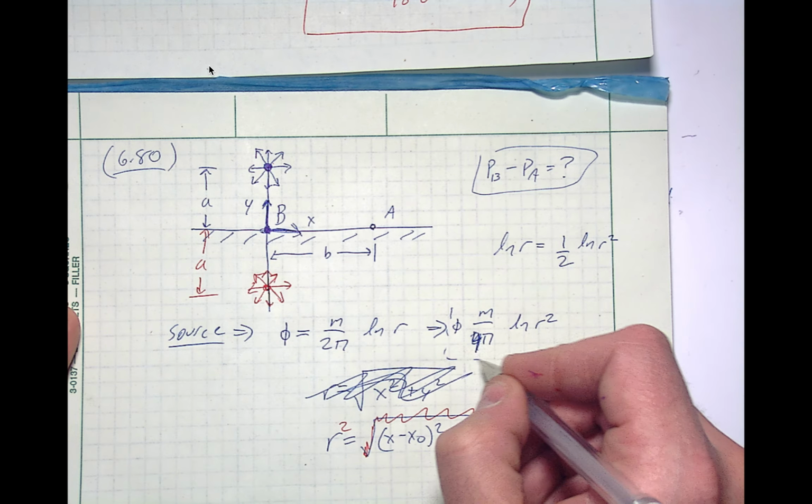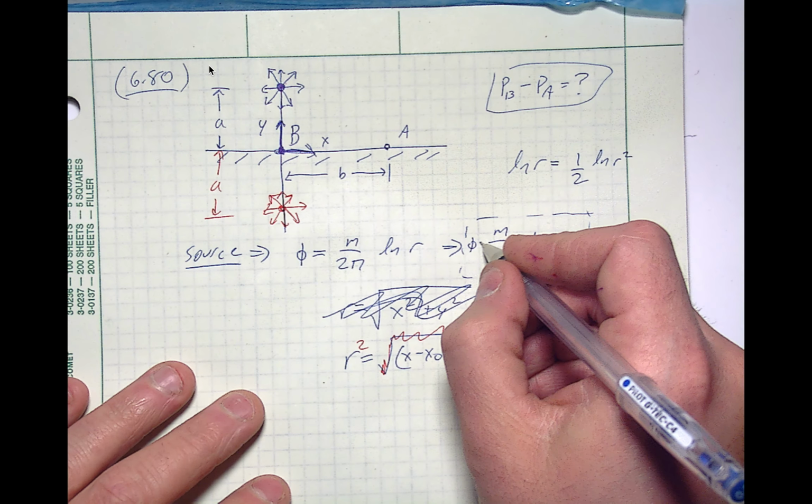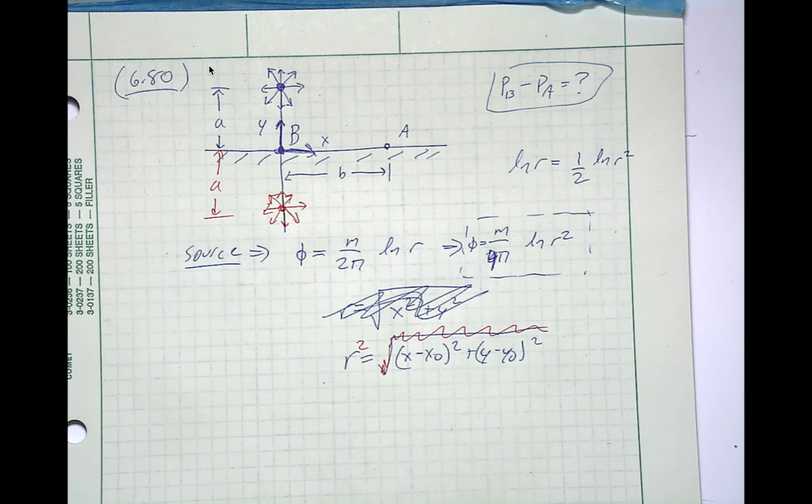So this is what we'll use for our source. And let's just say everything so far wouldn't be expected, but everything following would be.